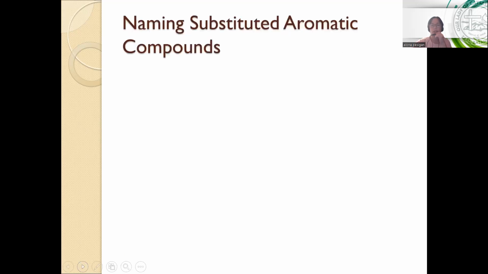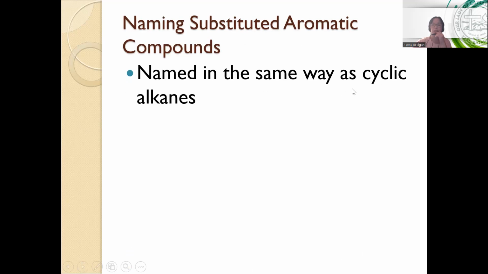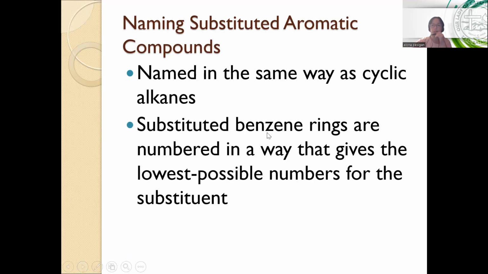How are we going to name substituted aromatic compounds? They are named in the same way as cyclic alkenes. Substituted benzene rings are numbered in a way that gives the lowest possible numbers for the substituents. Like this one, you number it 1, 2, 3.